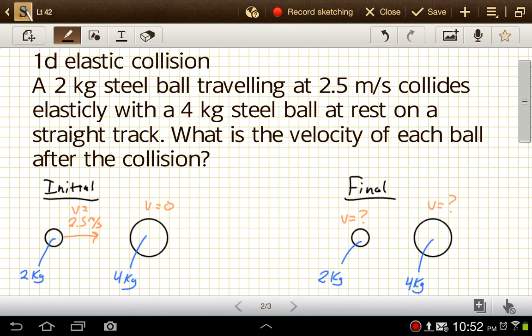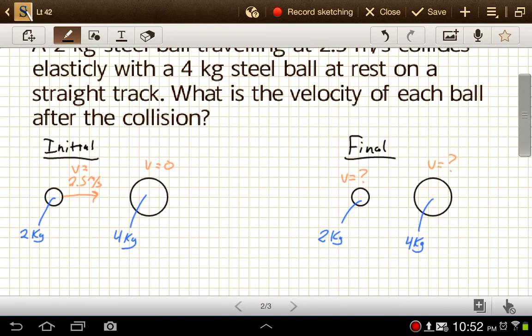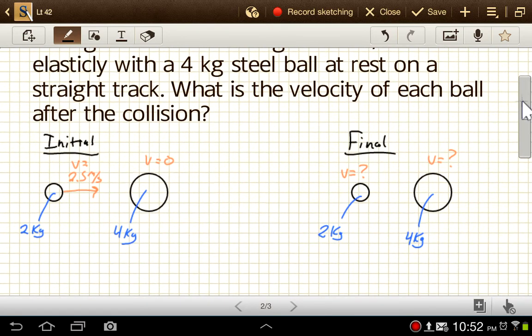So in this one, we can work these problems with very little starting information because we have two equations that we can rely on, which means we can have two unknown values. So in this one, we know the two masses and we know the starting velocities for each, but we don't know the ending velocity for either. So there's two unknowns and two equations that we can use.